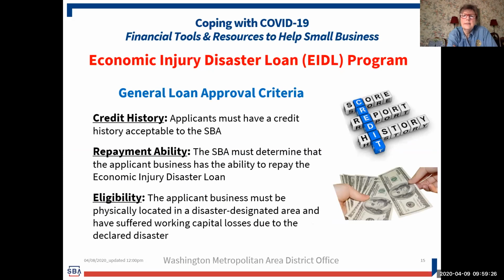Yes. Now, general loan approval criteria for this. They have to have a credit history acceptable to the SBA. We don't have a fixed number because primarily, let me go to the second thing, this is a cash flow loan. This is a loan that's going to be based on what your cash flow was for 12 months before the emergency. So if you already did your taxes for 2019, we're going to use information from calendar year 2019.